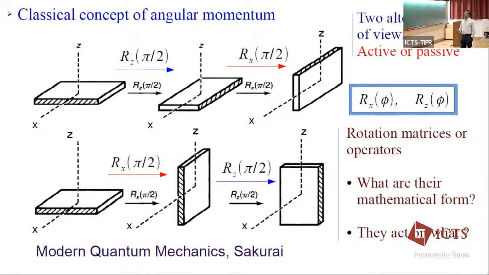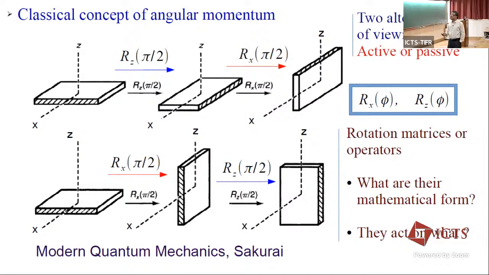Then it will look like this one. You are rotating in the anti-clockwise direction, so it will look like this. And then again, if you rotate it by pi by 2 along the x-axis, then it will look like this. It is easy to imagine.